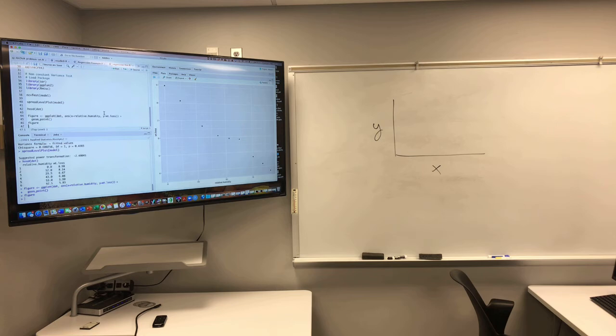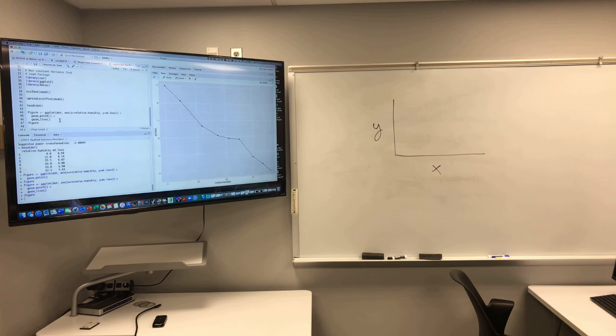Okay, it might be good to add a line to it. How are we going to add a line? Okay, we can try geom line, but is this any particular line? Let's look and see what happens if we add geom line. That's not really what we want, is it?